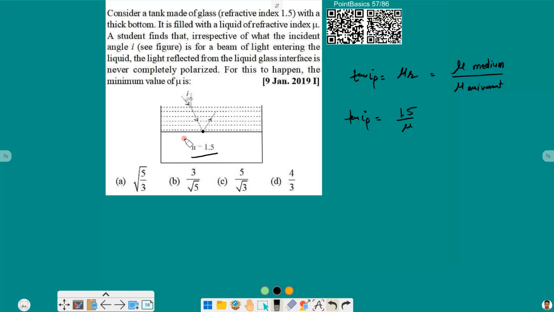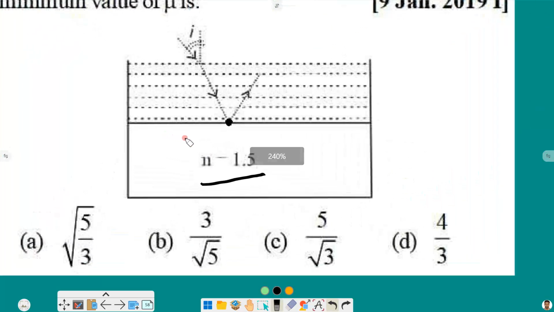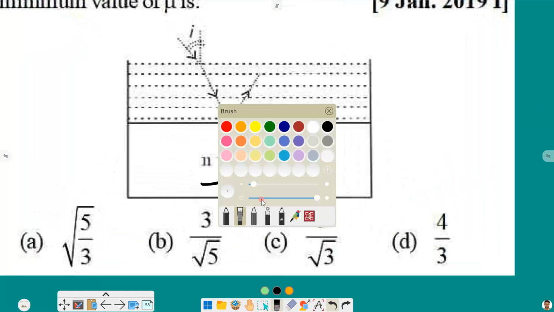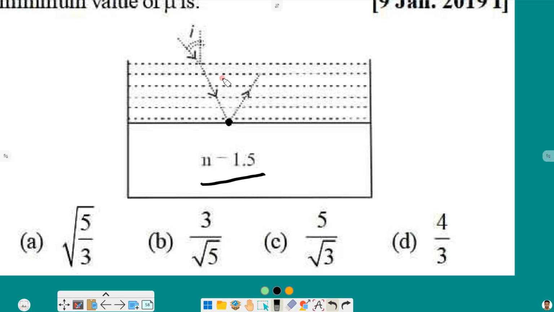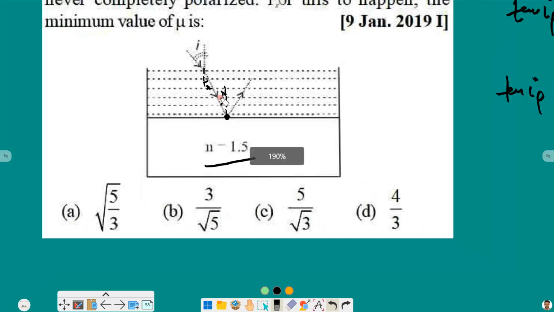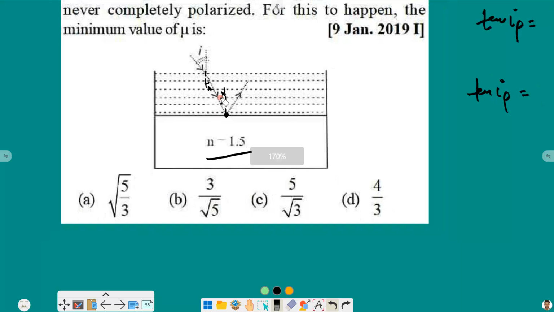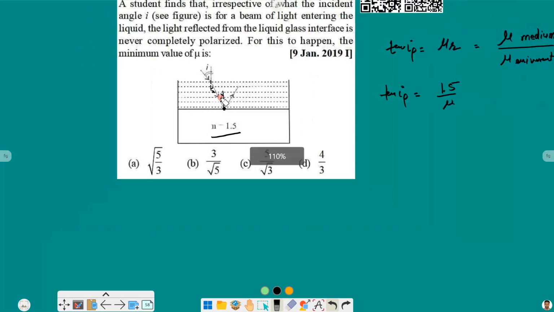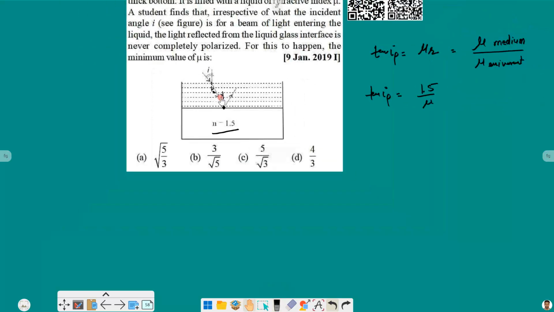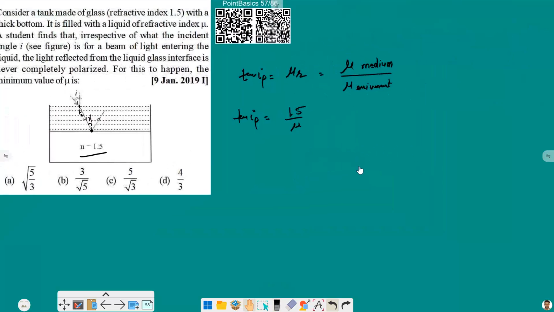Now if we apply Snell's law, then here this angle will be r, and due to parallel lines this angle will also be r. So basically the angle i_p is going to be r. Let me zoom it out and slide it so that we can start.